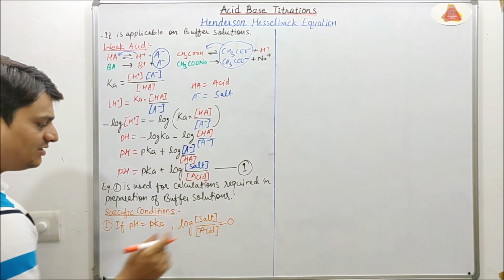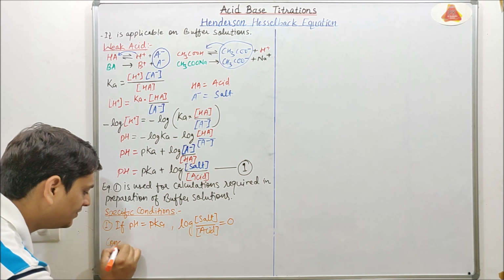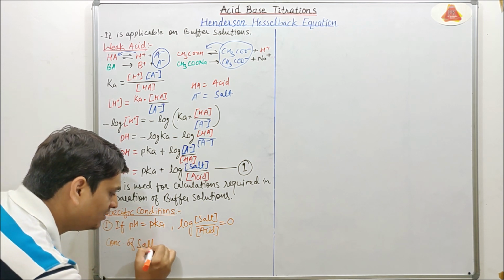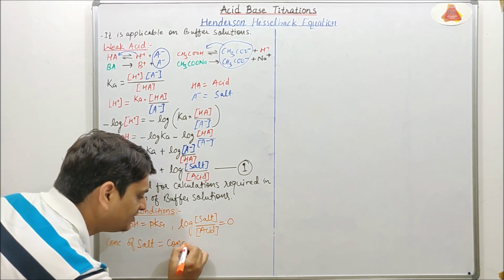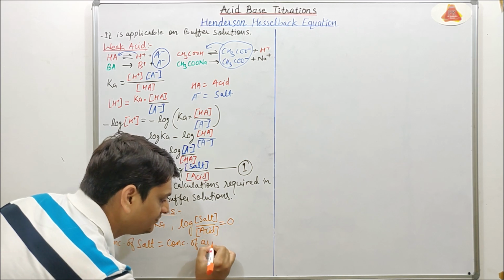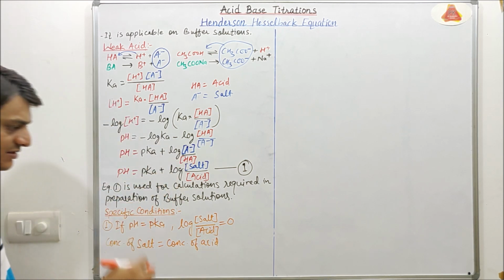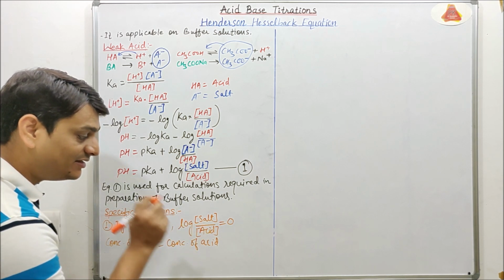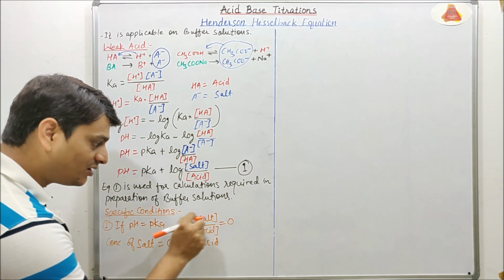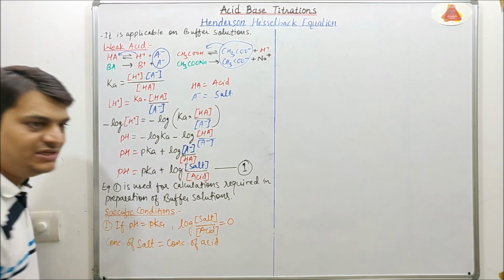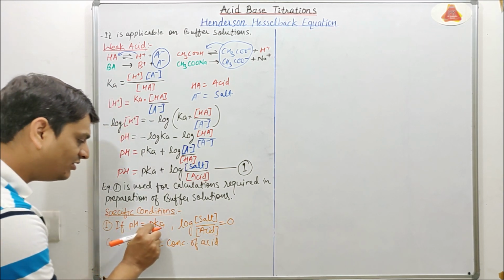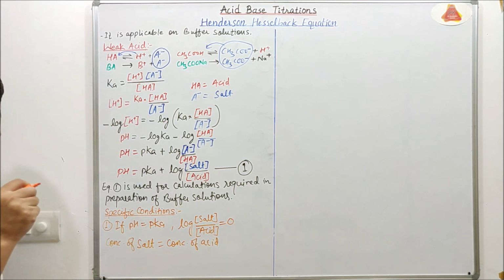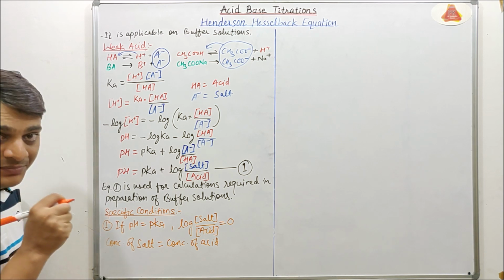To get this 0 value, the concentration of salt should be equal to the concentration of acid. It means if the concentrations of salt and acid are equal, then we get a salt by acid ratio of 1, and log 1 is equal to 0. So if we get pH equal to pKa, then we can say that the acid is half dissociated.